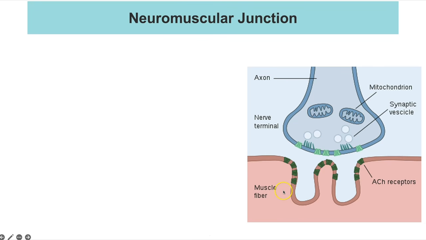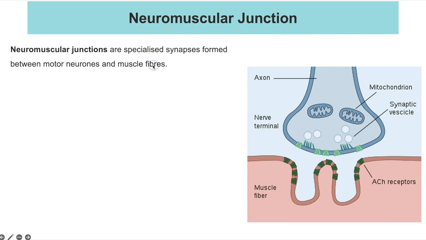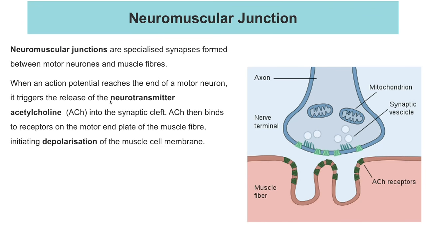Now, at the end of your response, you have an effector, which can be a muscle cell or a gland, and that means you'd have your motor neuron reaching a muscle fibre. The gap between the motor neuron and the muscle fibre is called a neuromuscular junction, because you've got a neuron reaching muscle. These are specialised synapses formed between the motor neuron and the muscle fibre.